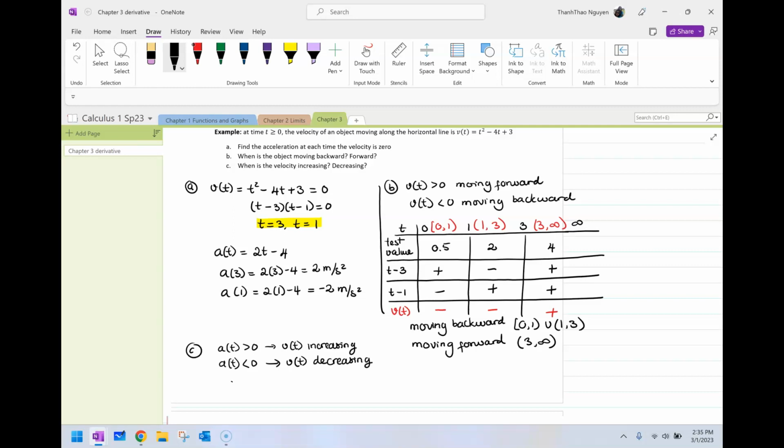So start with our function a of t. a of t equals 2t minus 4. If this is greater than 0, then t is greater than 2, which means that v of t is increasing in the interval 2 to infinity. v of t is decreasing in the interval 0 to 2.